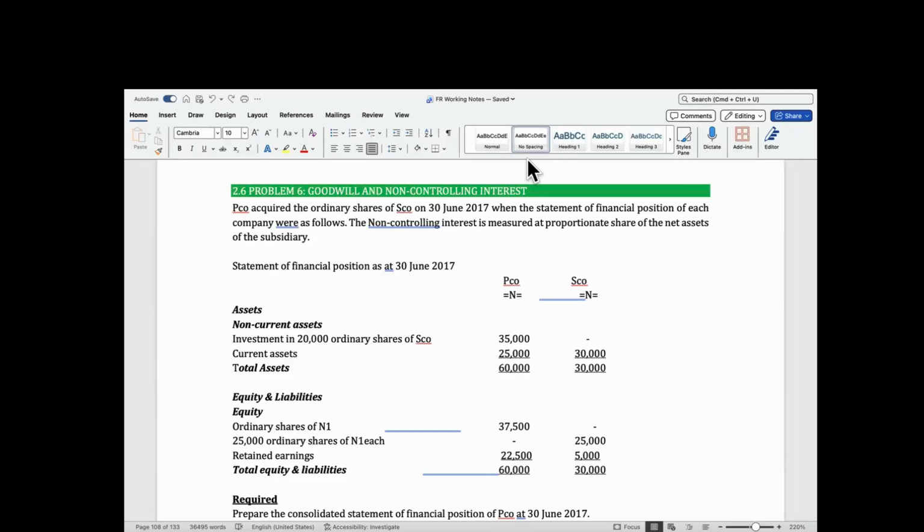That is, you need to prepare consolidated financial statements, which is a financial statement of the parent and its subsidiaries that is prepared as that of a single economic entity, which means that this consolidated financial statement should reflect the group's transaction with outsiders. We don't want to see transactions within the group.